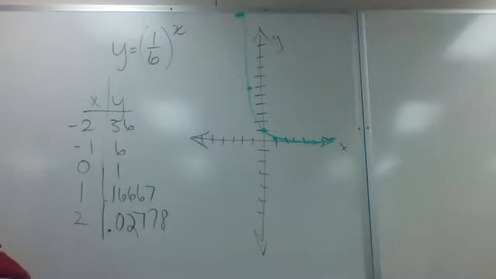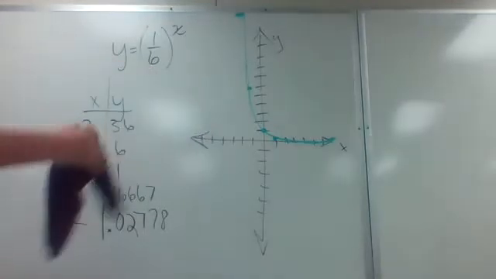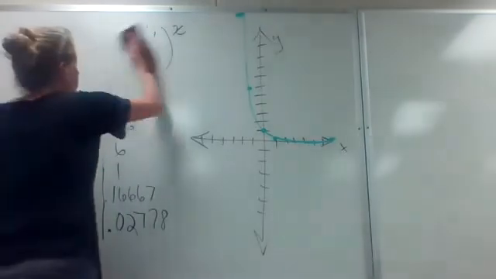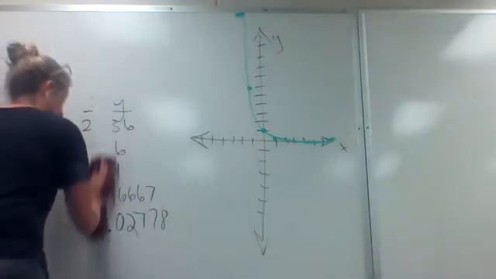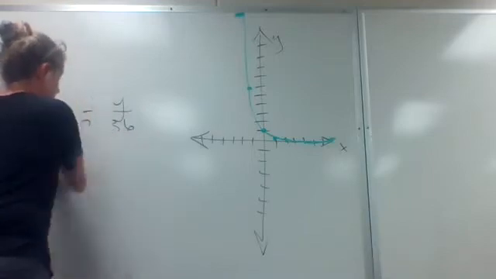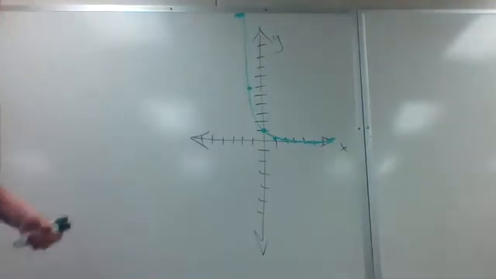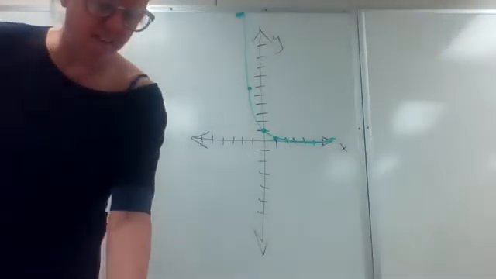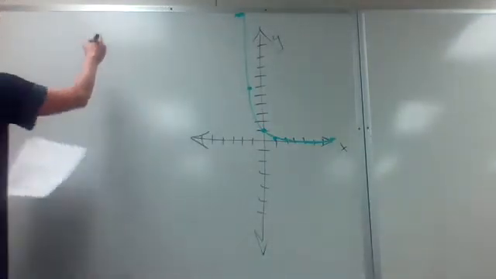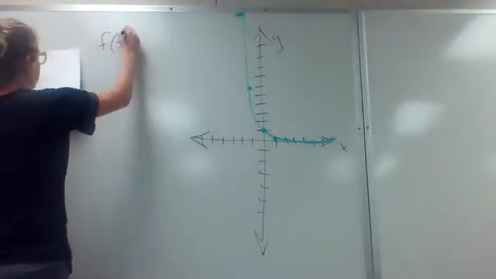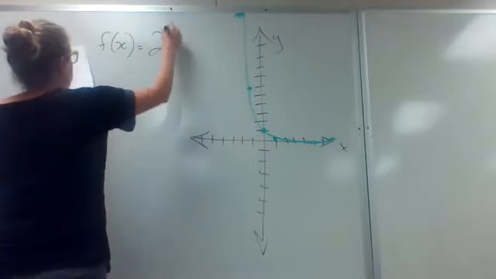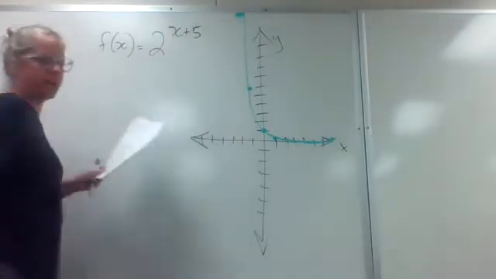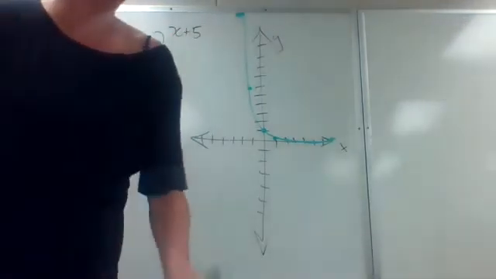So number 2. So we're still in exponential graphs, but this is one of those where it's going to have the shifting rules. So you've got f of x equals 2 to the x plus 5.